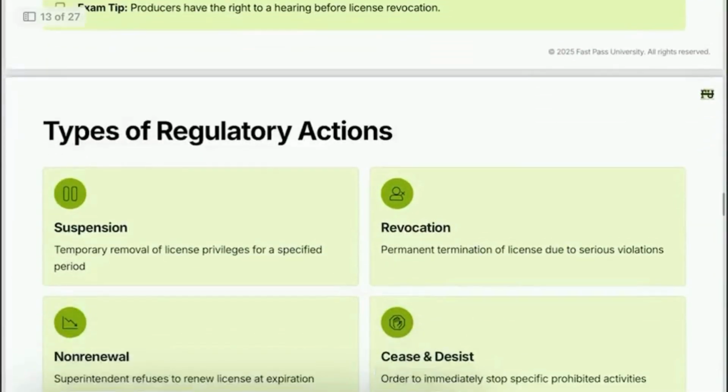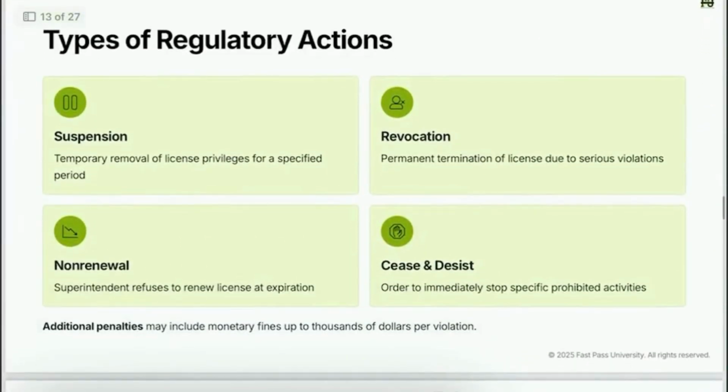Different types of regulatory actions that can be taken. Suspension, which would be a temporary removal of license privileges for a specified period of time. Okay, so they could suspend a license for 6 months, a year, etc. So suspension is temporary. Revocation is permanent.